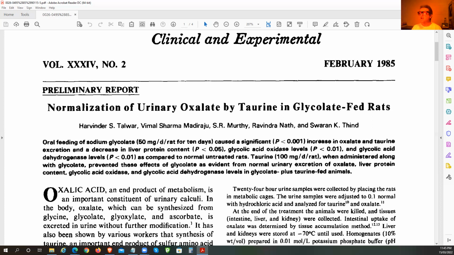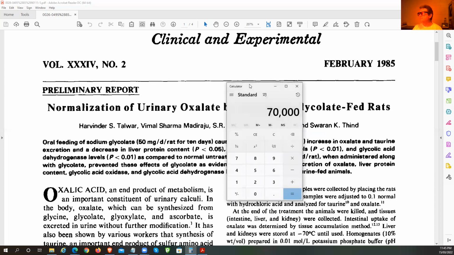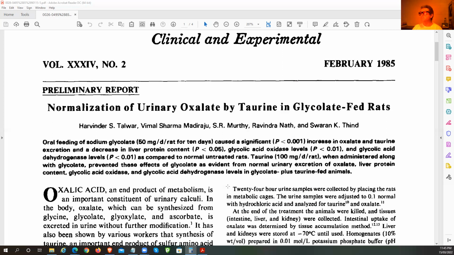But it's also a very high dose, a ginormous amount, which should be equivalent to 35 grams in an equivalent human.